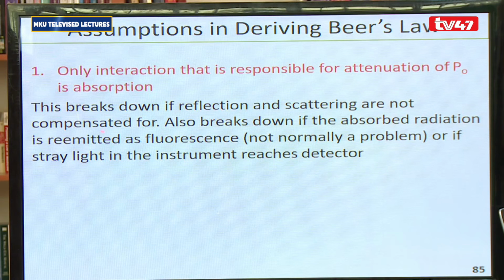The law will break if reflection and scattering are not compensated for, and it can also break if the radiation is re-emitted in the form of fluorescence. This becomes a problem if there is stray radiation in the instrument.